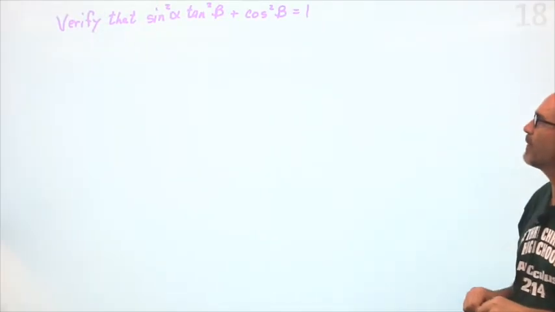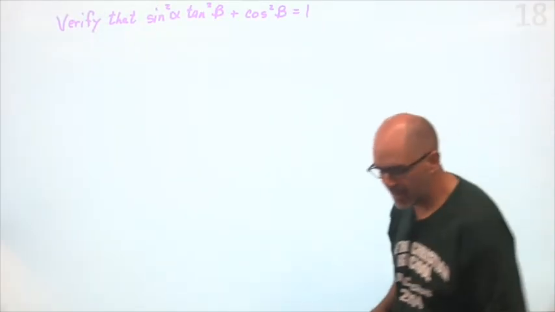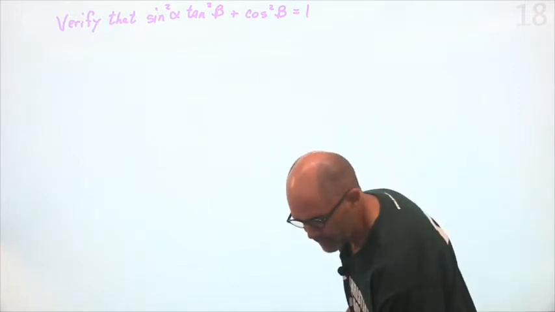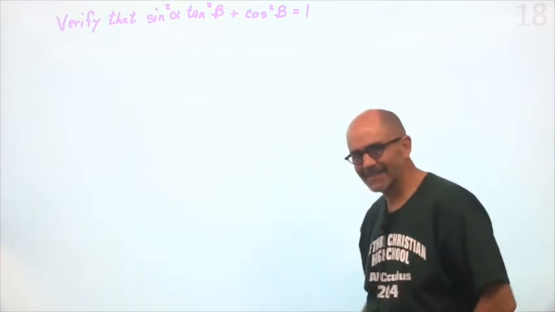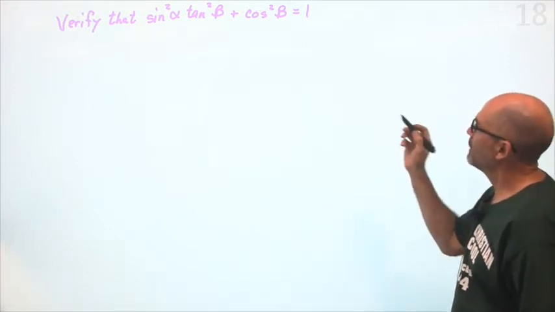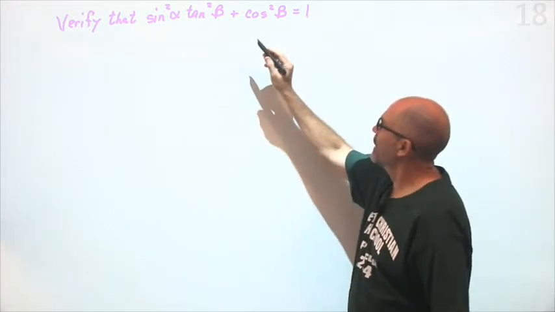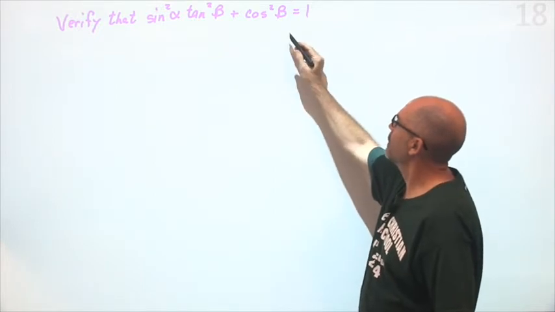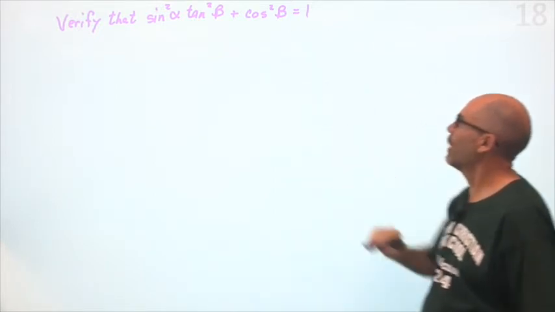Okay, now we have arrived at maximum juice. Okay. We need to verify that sine squared alpha times tangent squared beta plus cosine squared beta equals 1.